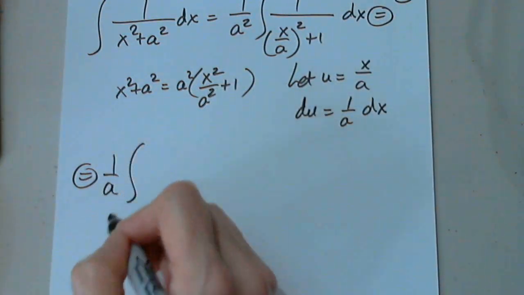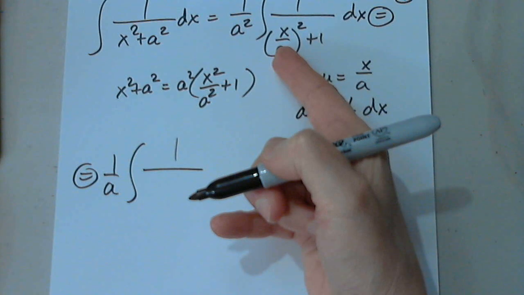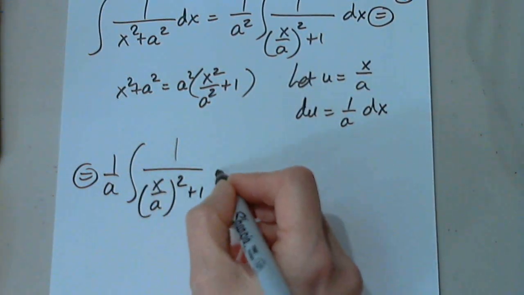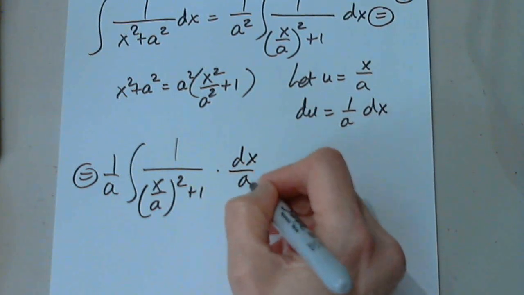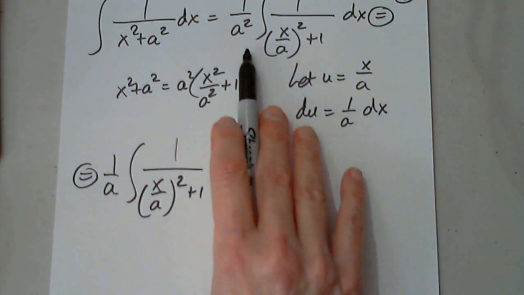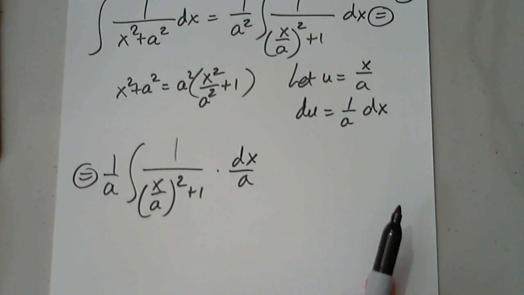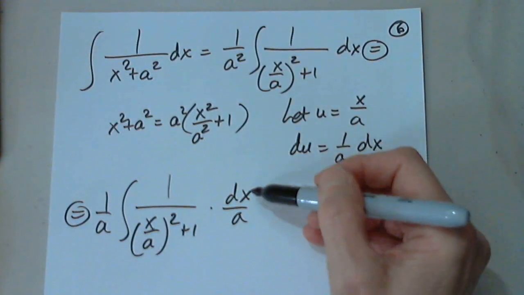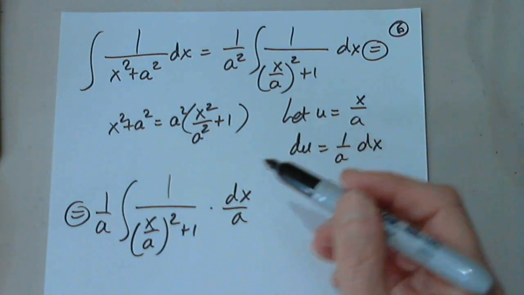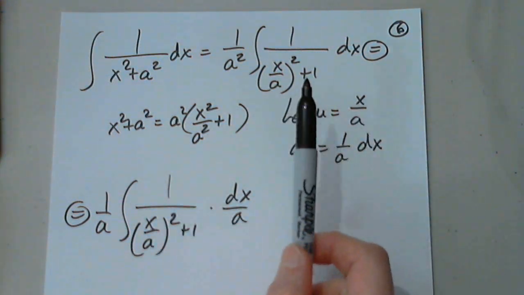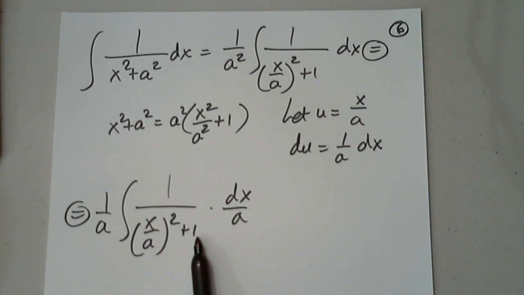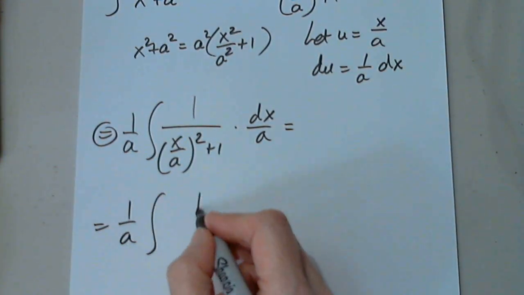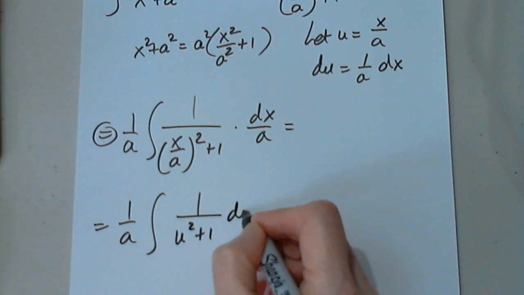So 1 over a times dx over a. I have a times a, which is a squared. Same thing, I just wanted to have it separated because now this will be replaced by du, and this will be replaced by 1 over u squared plus 1. So we continue: 1 over a, 1 over u squared plus 1 times du.